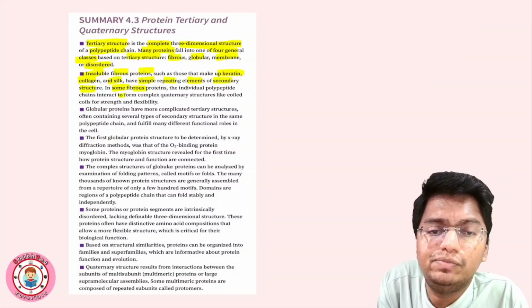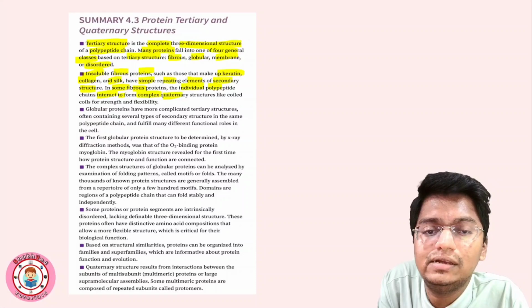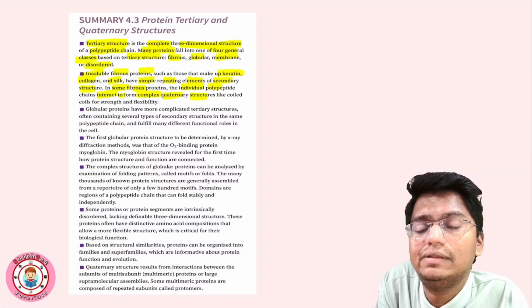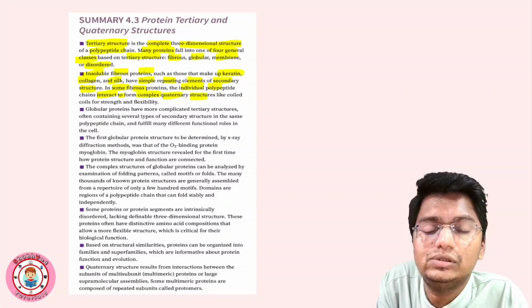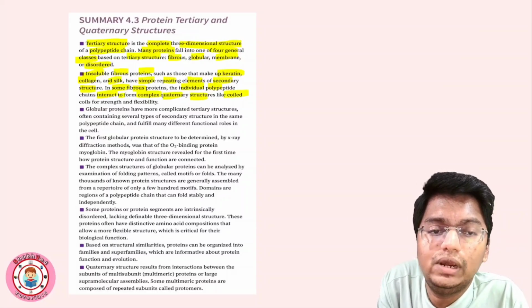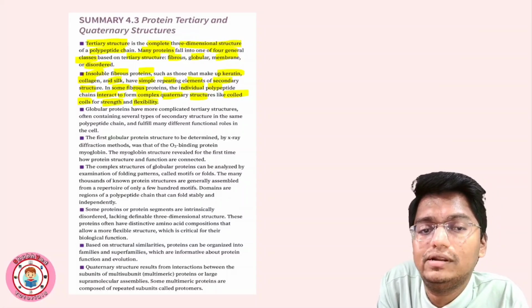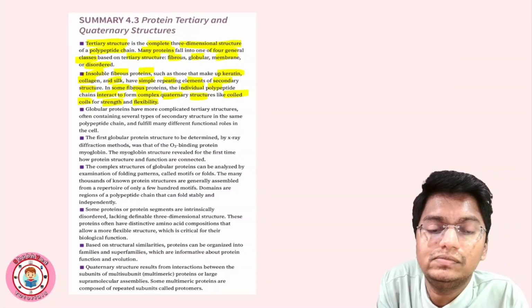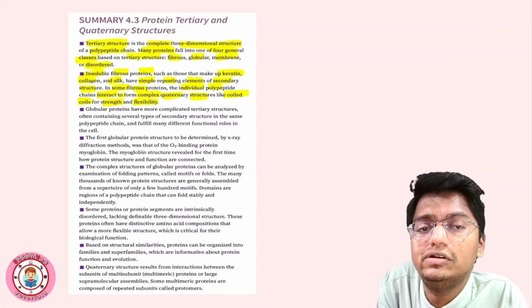In some fibrous proteins, the individual polypeptide chains interact to form complex quaternary structure. Okay, the secondary structures interact to form complex quaternary structure like a coil for strength and flexibility. Okay, the coil is basically quaternary structure. It is formed by intertwining. Same here, the collagen triple helix that forms is also quaternary structure.